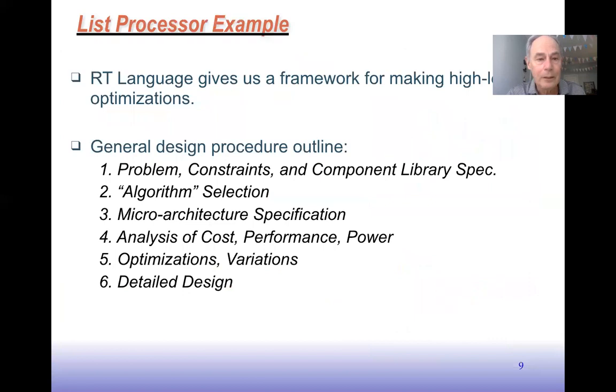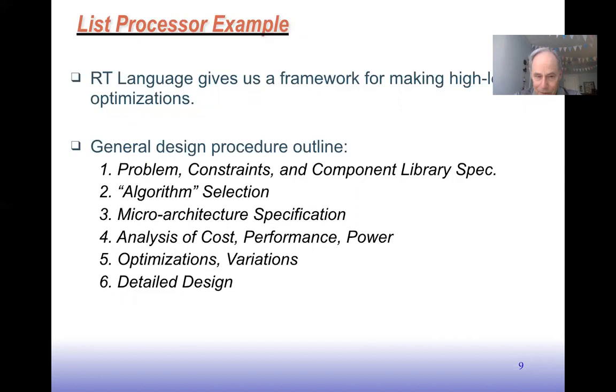Okay, so before I do that, I'm going to again back up a bit and say the RT language gives us a framework for making the high level design and doing optimizations, as we will see.